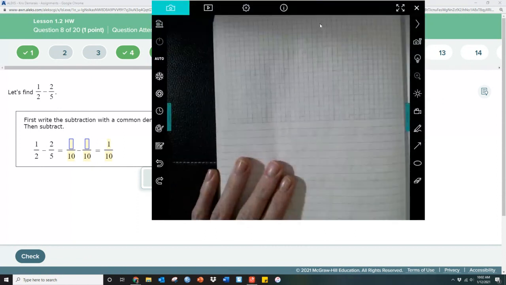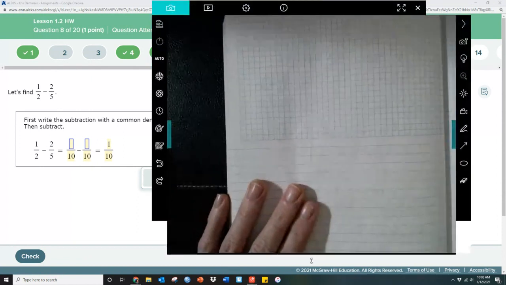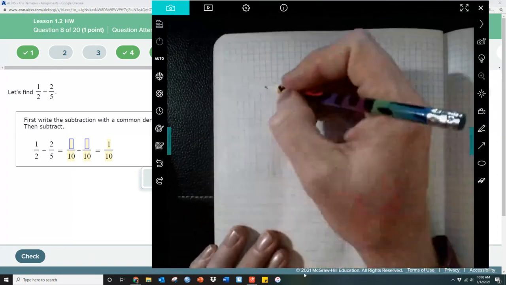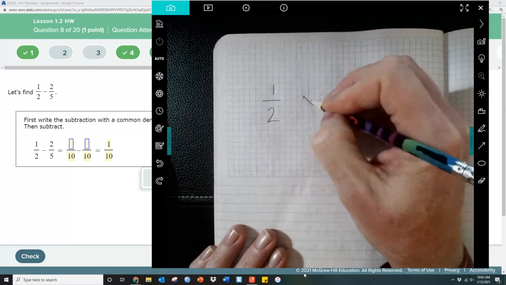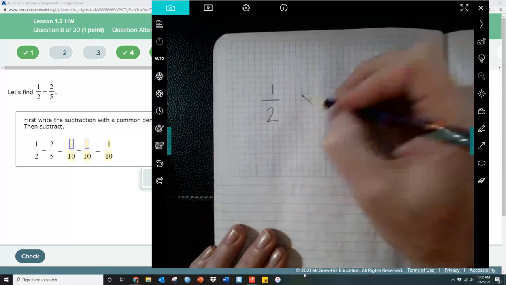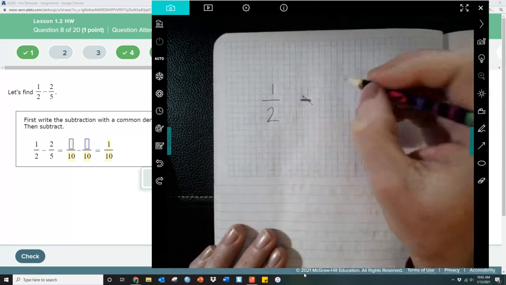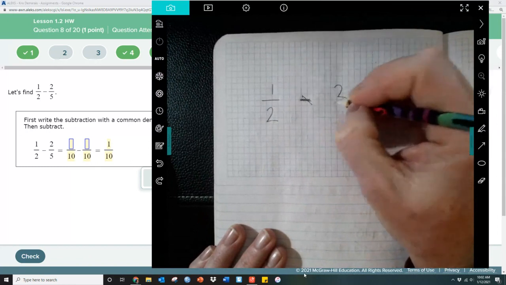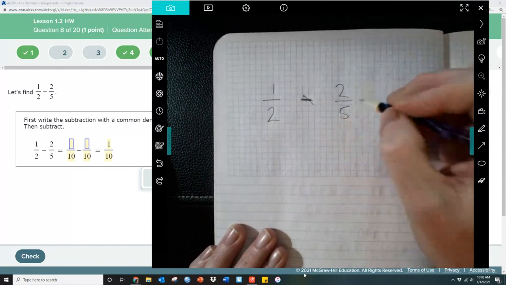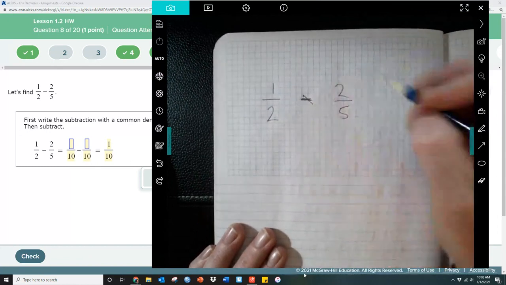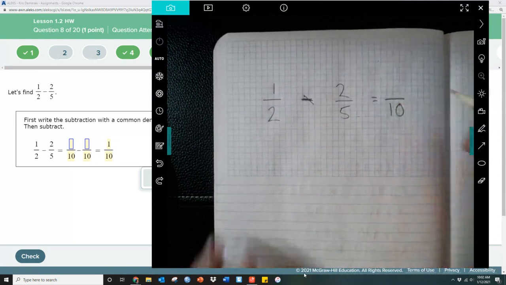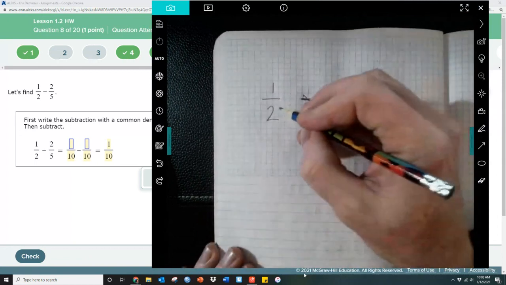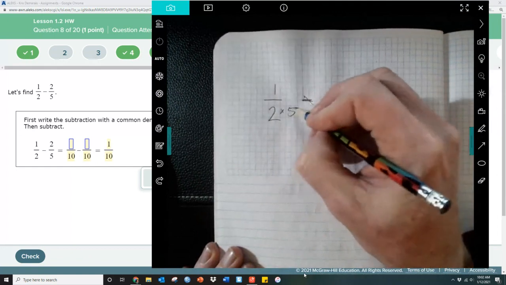Let me increase that. See, when I think about fractions, and I say I want this to be 10, the common denominator, then I would go ahead and multiply this by 5.